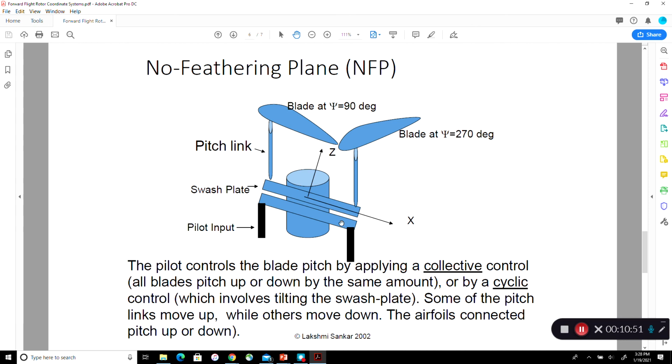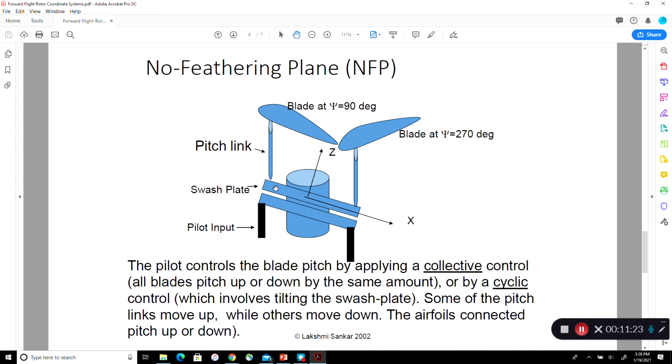Let's say that the front part of this pitch link is going up. Then this is the rotating swash plate. So this part is rotating about the shaft, attached to the shaft. This is stationary. In between they are separated by some ball bearings to reduce friction. Therefore, this is going up, and when it comes 180 degrees later, it's going down.